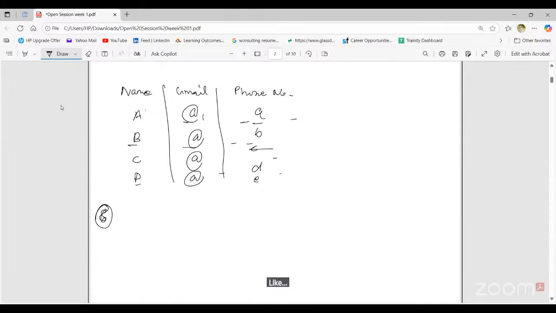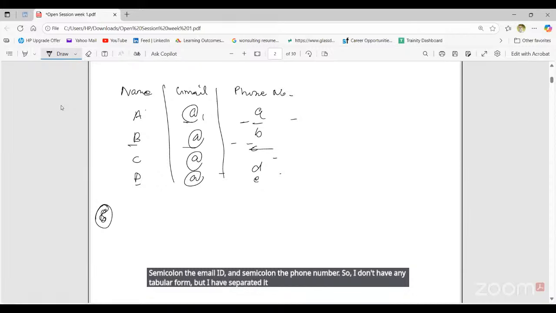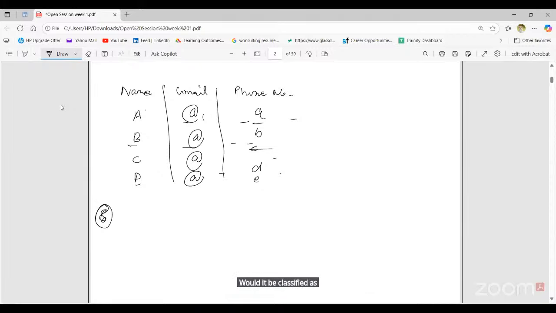For example, name, Gmail, and phone number, instead of dividing it into tabular forms, I use a comma or semicolon to separate data. So I write A, semicolon, the email ID, and semicolon, the phone number. I don't have any tabular form, but I have separated it based on a semicolon or a comma. Would it be classified as structured data or unstructured data?